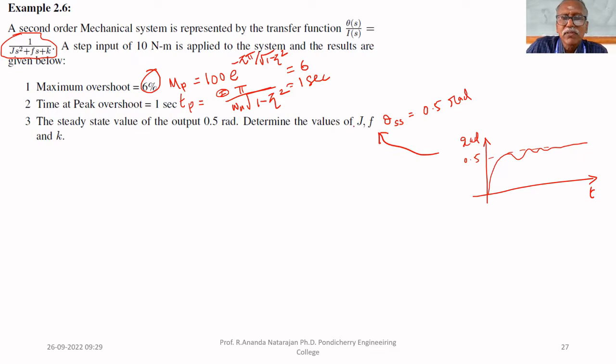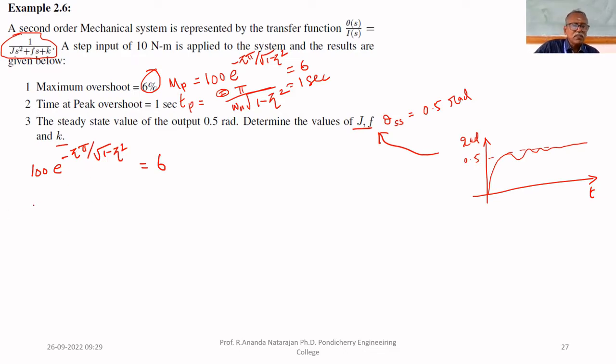Determine the value of J, F and K. First, it is given that Mp equal to 100 e power minus zeta pi upon square root of 1 minus zeta square equal to 6. From that, we can find zeta.